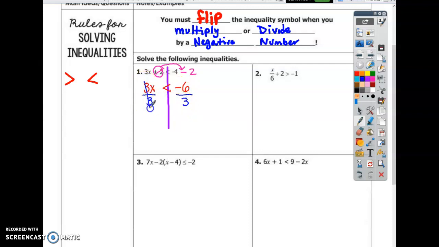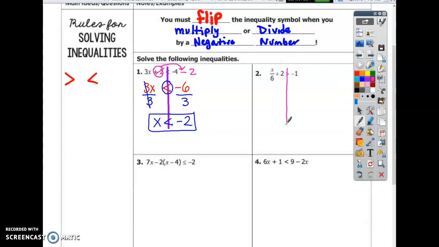No, this is not a negative number, so this symbol does not flip. It stays the same. So it's x less than -2. Okay? X less than -2. In a little bit, I'm going to show you how to check it in Desmos. But for right now, we're just going to continue with problem number 2.